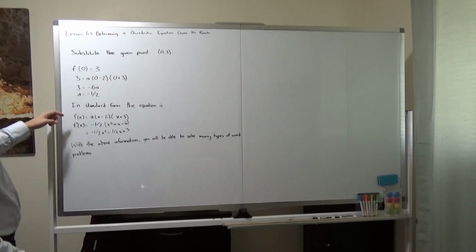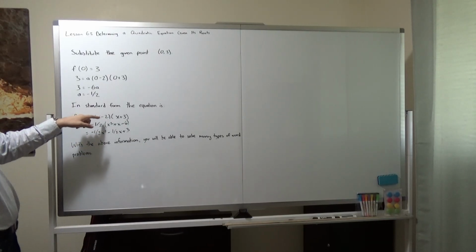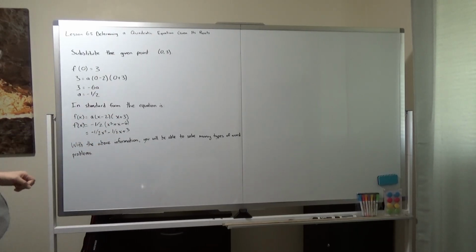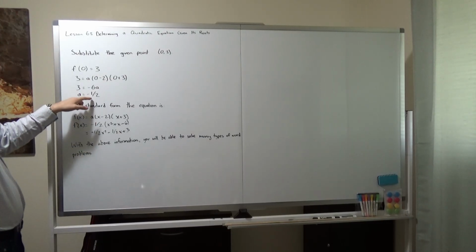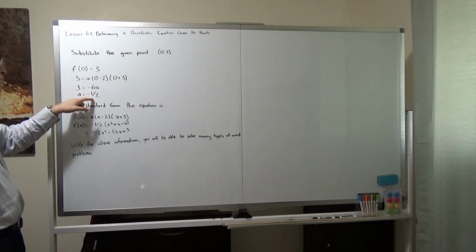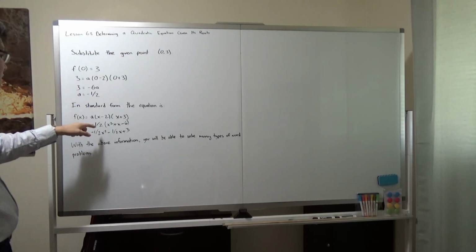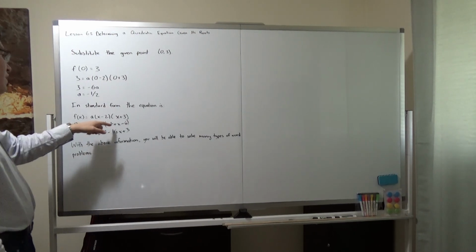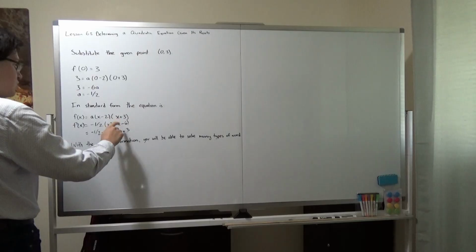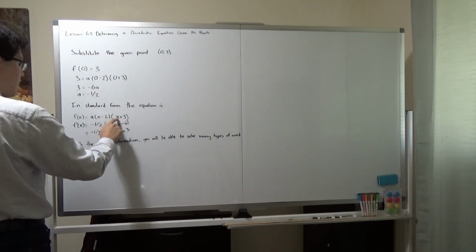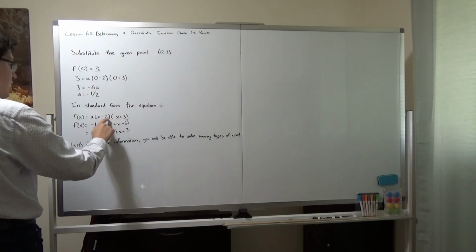The equation is f of x equals a times the factors, which are x minus 2 times x plus 3. We already discovered that. Now we just substitute the value of a into the function. f of x equals negative 1 over 2 times the factors multiplied by each other. x minus 2 times x plus 3 is x squared minus 2x plus 3x minus 6.